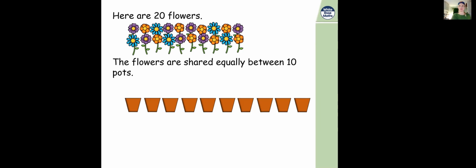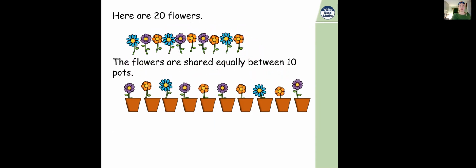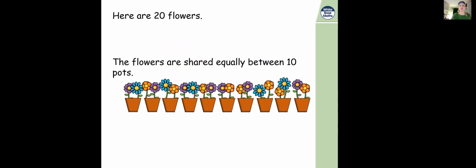Let's see what Mr. PowerPoint says. We're starting with the sharing equally one, so the 10 pots. And if you shared 20 flowers equally between those 10 pots, it would look a bit like this. There we go. They've all got 1 in so far, so that's equal so far, but there's lots left over. Let's share this second lot. Can you see? How many flowers are in each pot now? 1, 2.